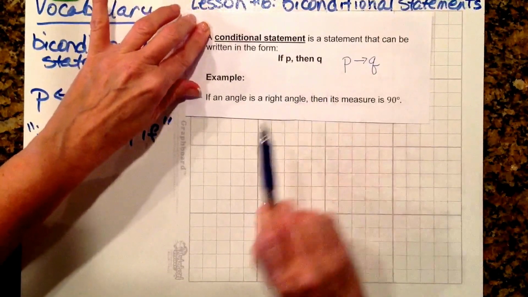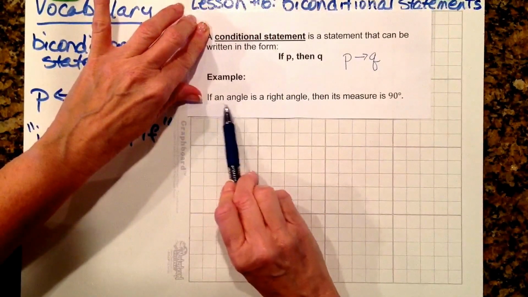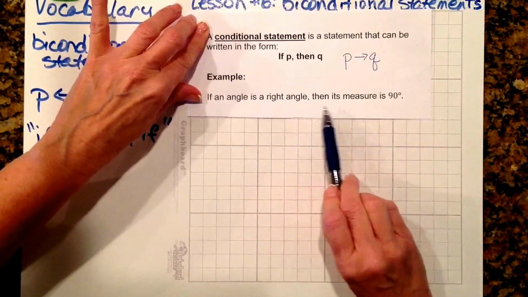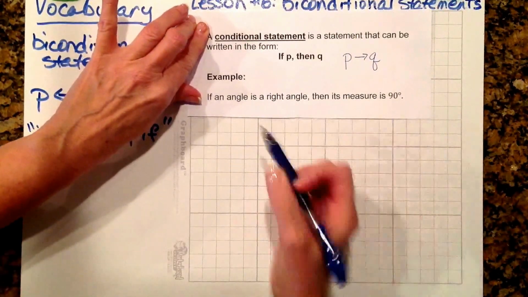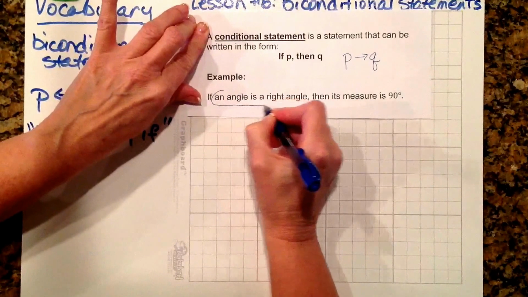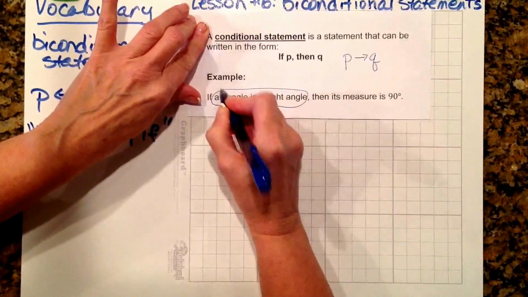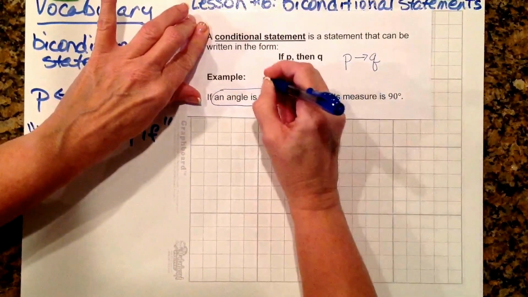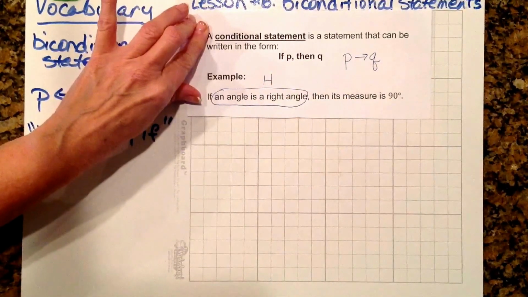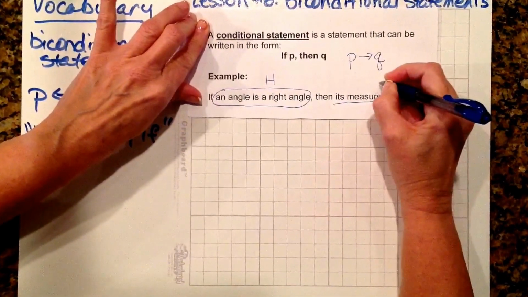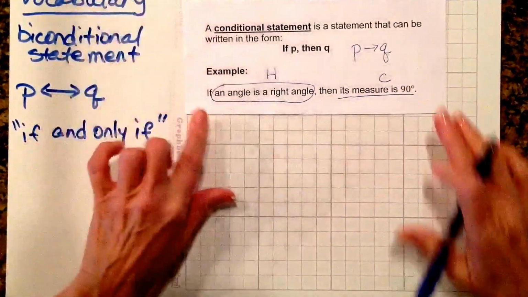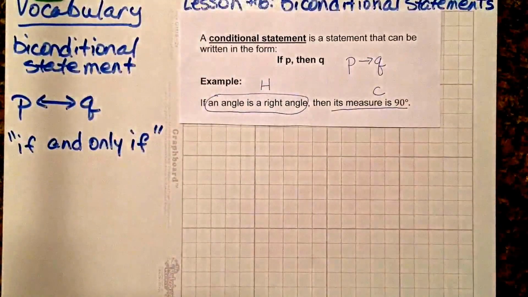For example, if an angle is a right angle, then its measure is 90 degrees. Meaning that an angle is a right angle, that's my hypothesis, and its measure is 90 degrees, that's the conclusion. So that's what a conditional statement is.